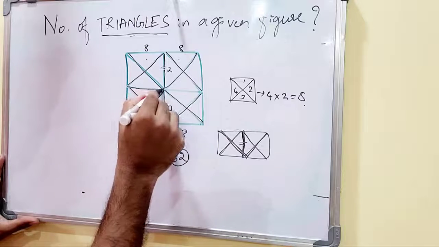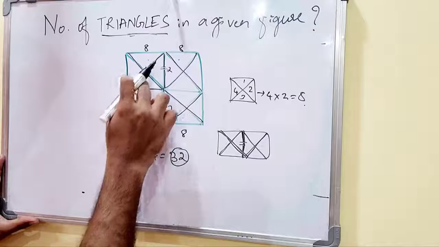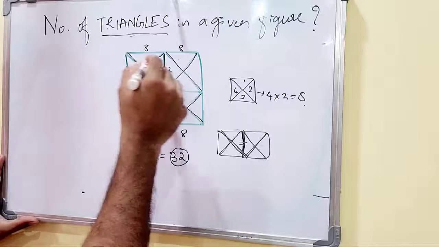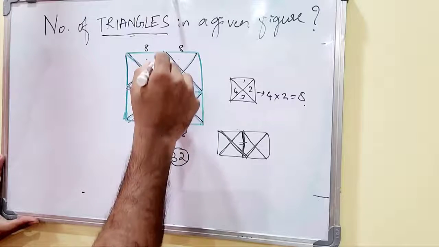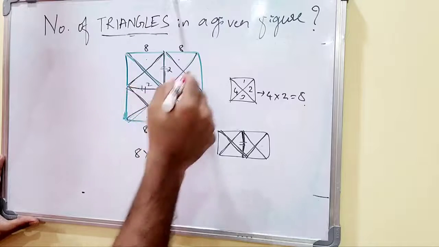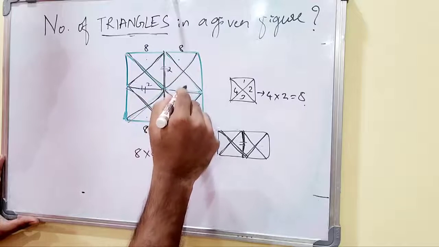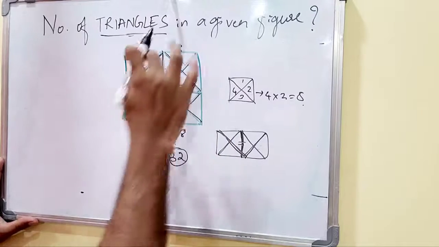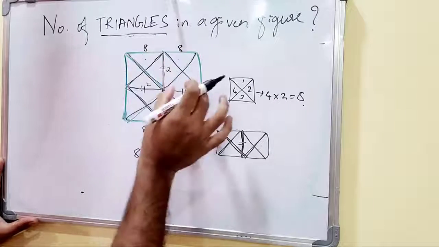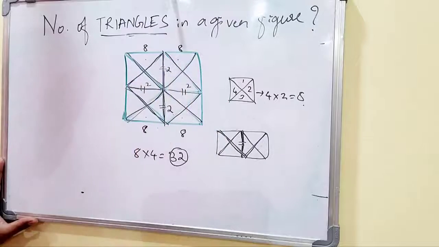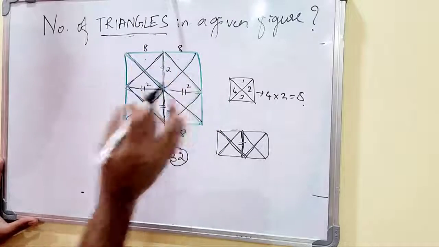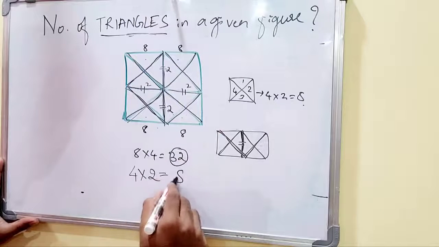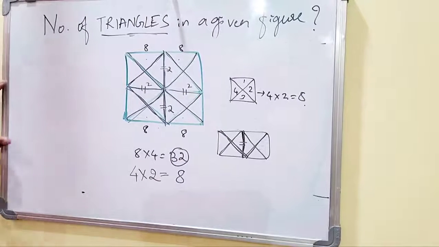This line again, which combines these two figures, contributes two triangles. Here again, this line contributes two triangles. So 1, 2, 3, 4, these four lines contribute two triangles each, that is 4 into 2, 8 triangles in total.